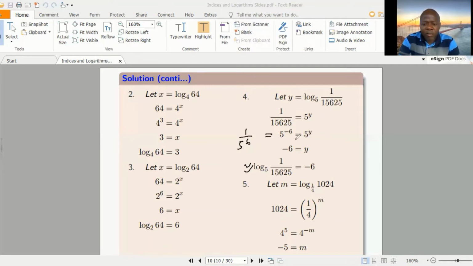I can never equate when one is in the numerator and the other is in the denominator. That's why I had to take this one to the numerator, so that I have 5 raised to negative 6. One might be wondering why we had to do that, and that is the reason. You can never equate the powers when one base is in the numerator and the other base in the denominator.